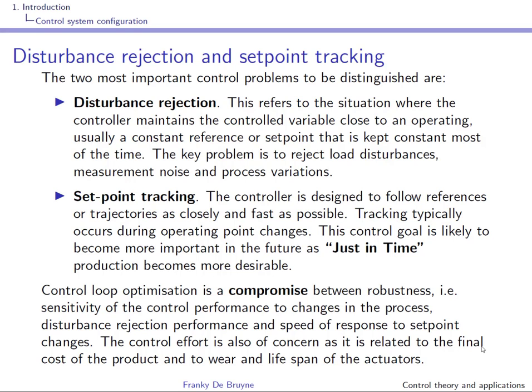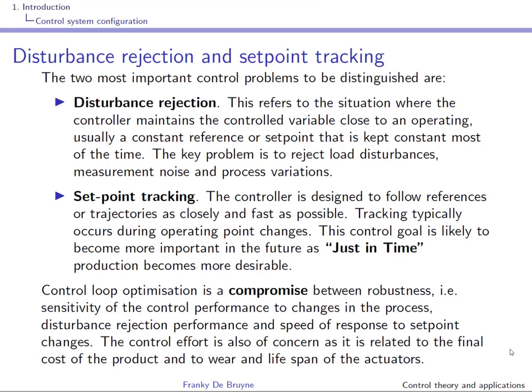Set point tracking problems are problems where the controller is designed to follow a reference or set point or trajectories as closely and as fast as possible. So for instance, the closed loop settling time is an important factor. Tracking typically occurs during operating point changes.